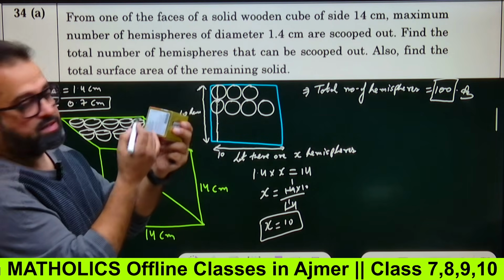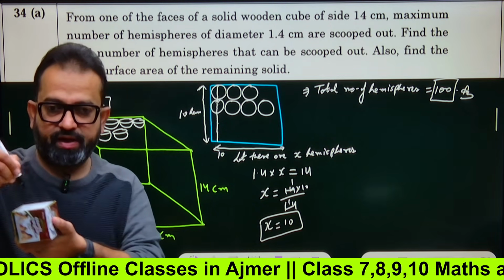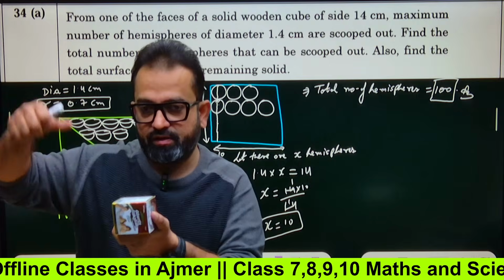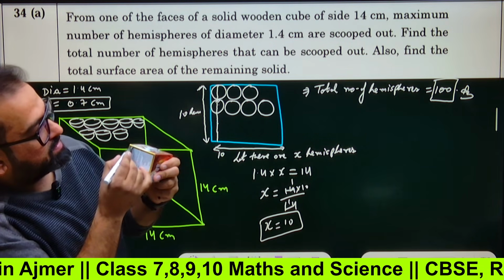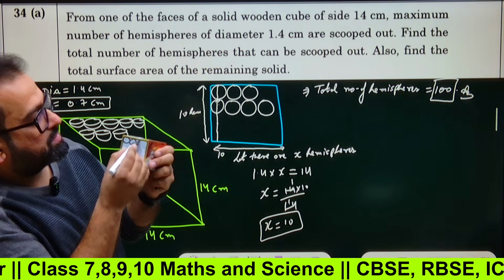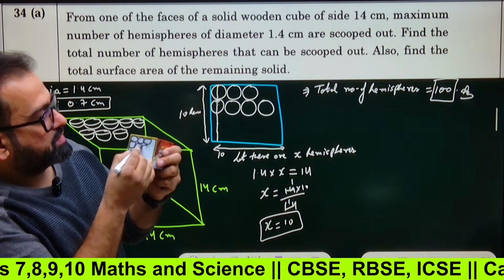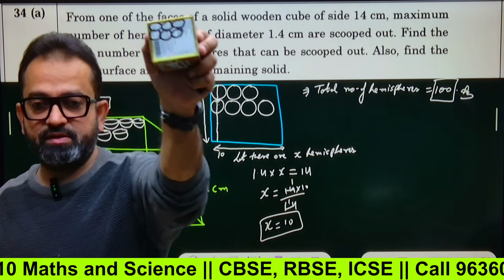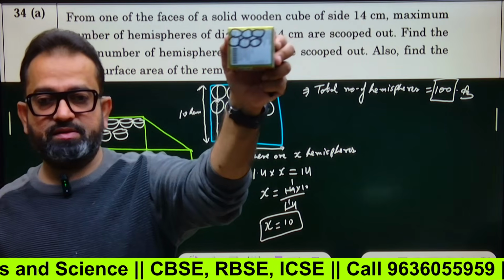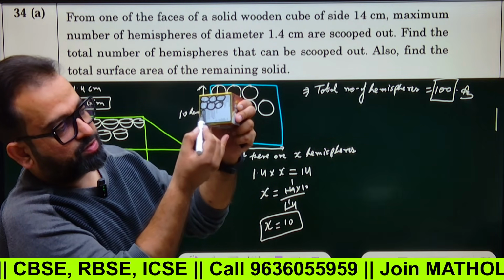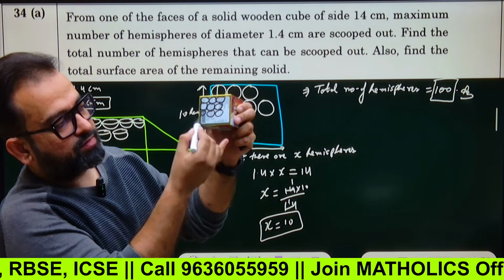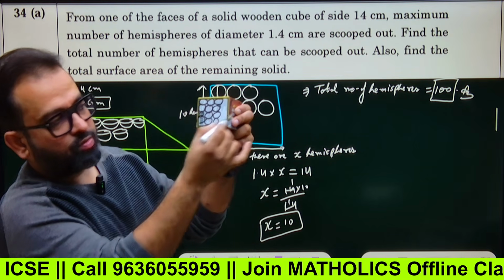So when you make hemispheres, you are trying to scoop out like this. But when you see this face, it will have circles generated, 1 circle, 2 circle, 3 circle, like this. Can you see this? Yes, everyone. So we have to count how many circles can be cut out from this particular square.